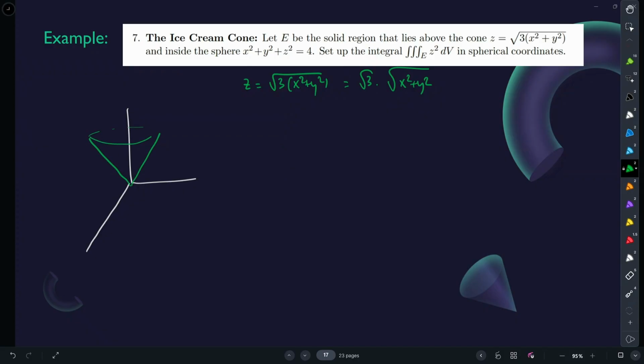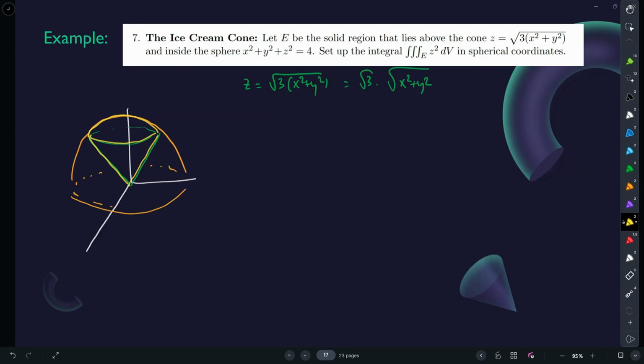It's some cone, and then there is a sphere on top. So the sphere will sit, hopefully, something like this. And I have to do the integral in the region that is above the cone and within the sphere. So it does look like some sort of ice cream cone.